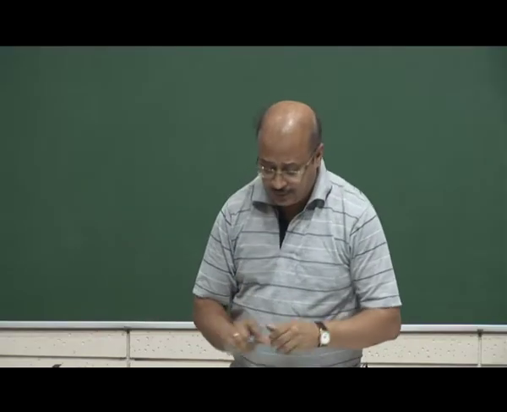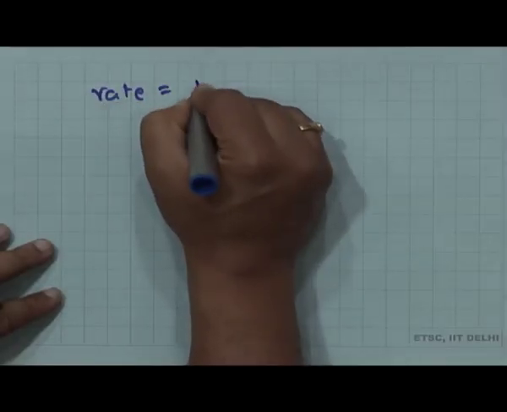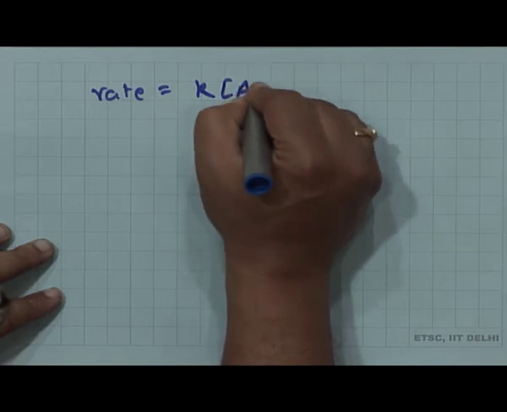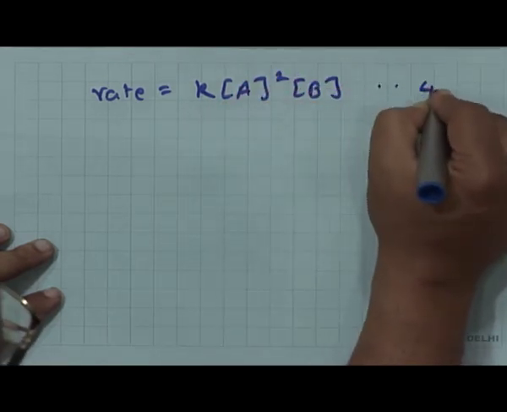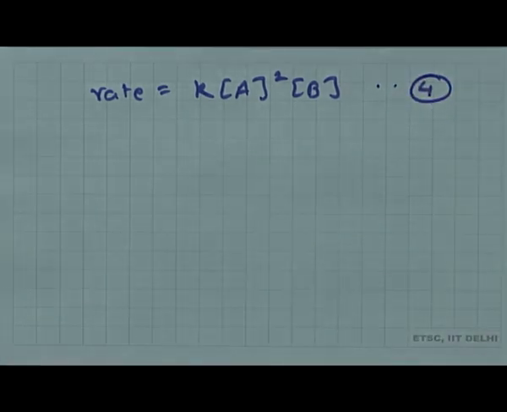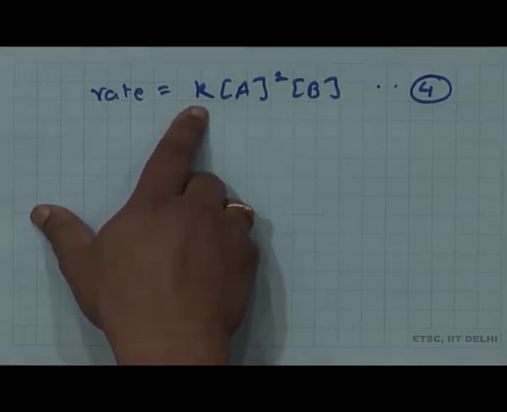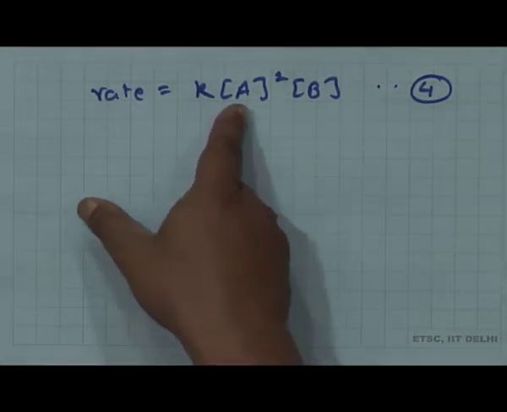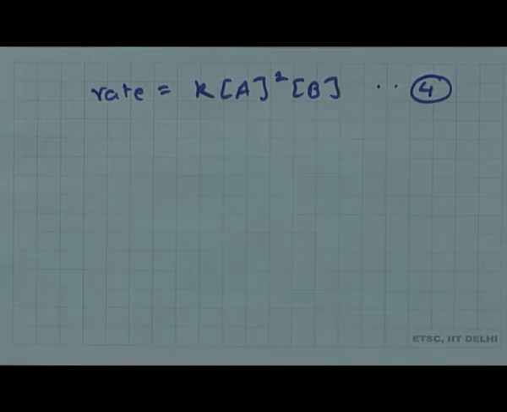If you take another example, say where rate is equal to K A squared B. So, what are we saying here? By doing experiments, we have found out that the rate for a certain reaction is equal to K times the concentration of A raised to the power 2 and concentration of B raised to the power 1.